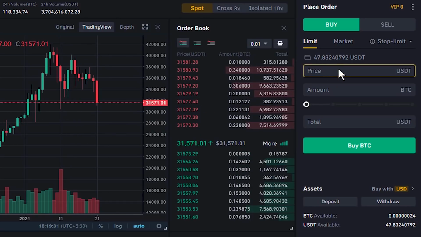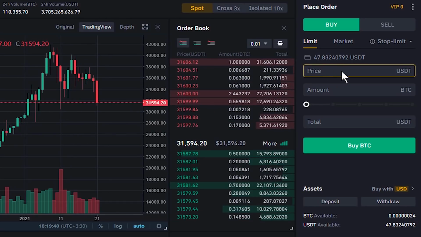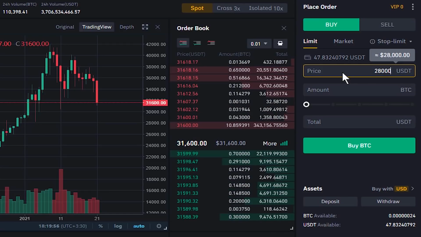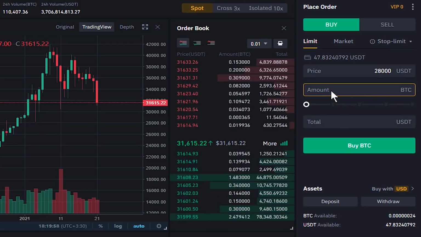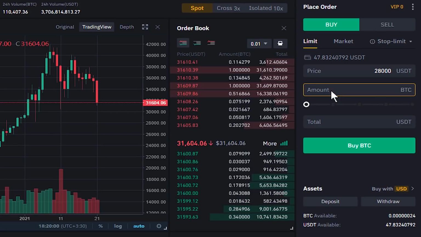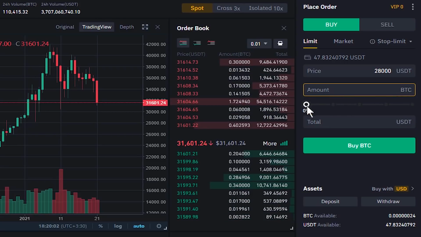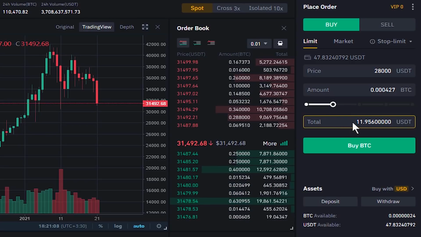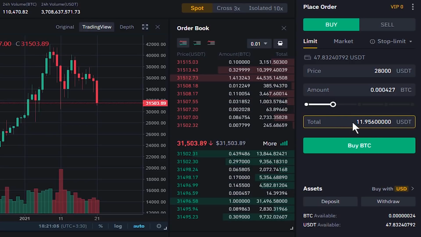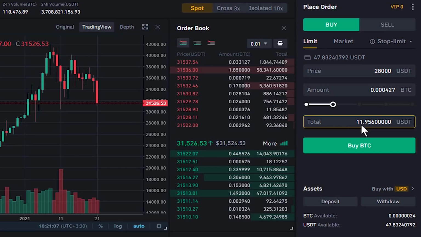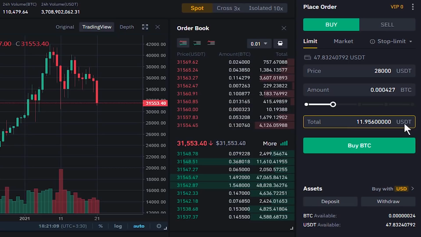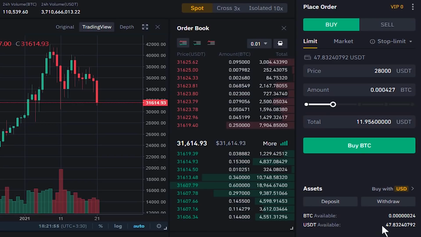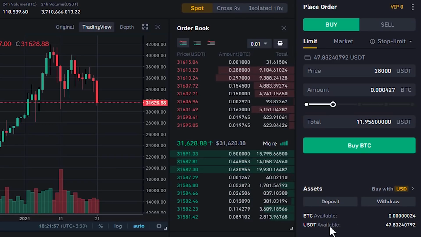Here in this box, we enter our desired price, which is 28,000, and here in this box we enter the amount, which I just set, for example, to 25%, and this box shows us how much it costs in terms of Tether, which is 11.95 USDT, as you can see. Actually, this will be deducted from the Tether amount that I have available here.